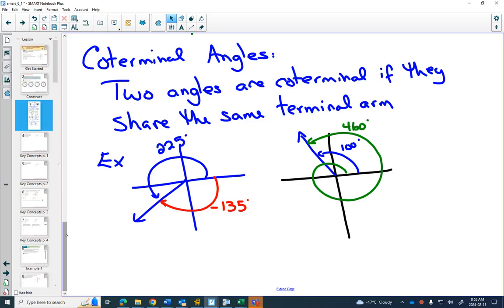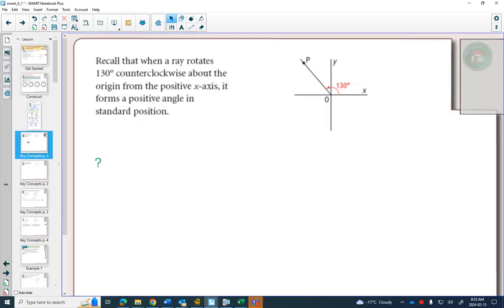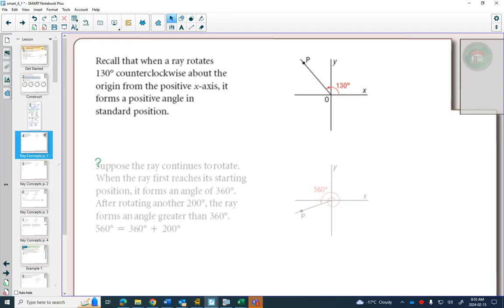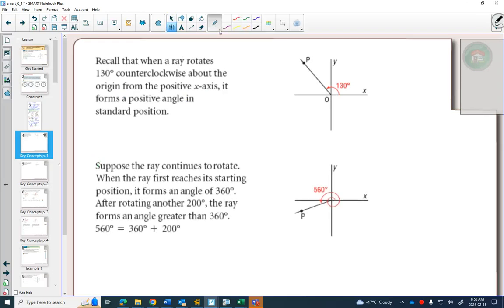So we have this idea of coterminal angles. And that's also, if you want to, in our notes on page 468, they talk about, we can highlight these ideas.